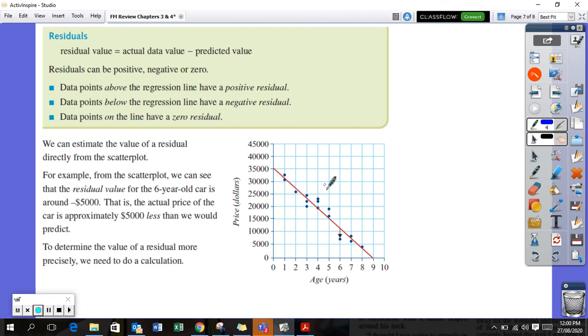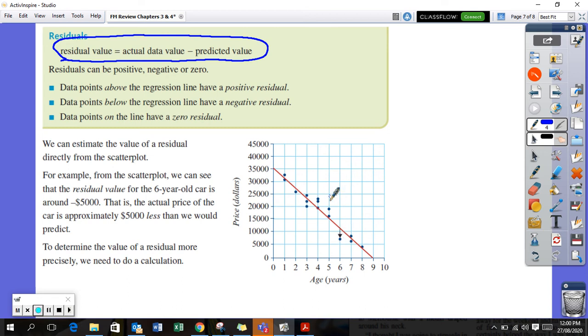The other thing I spoke about before is residuals. Each data point is a blue dot, the regression line is the red line, and each vertical deviation from the regression line is a residual. The residual value is the actual value minus the predicted value. So here, the residual will be negative, because it's a small value minus a bigger value.